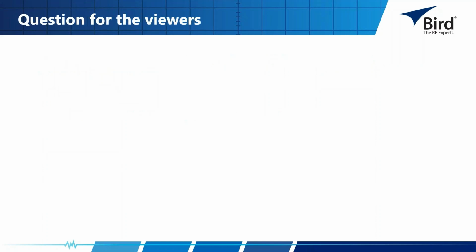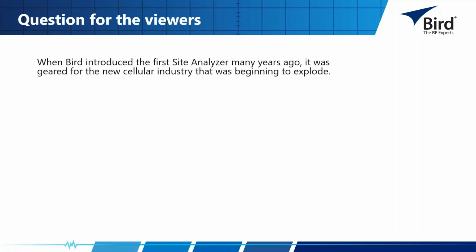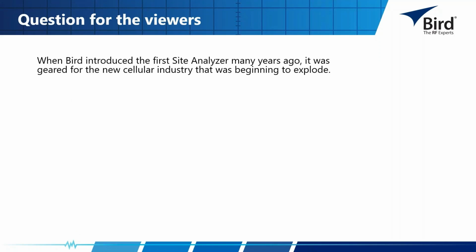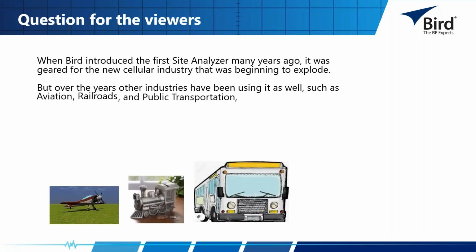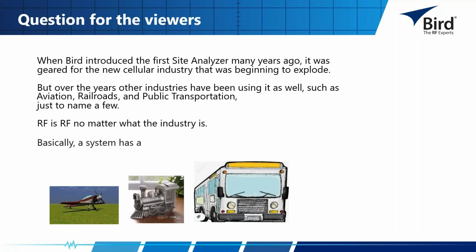And now I have a question for the viewers for this week. When Bird first introduced the site analyzer many years ago, it was geared for the new cellular industry that was beginning to explode. But over the years, other industries have been using it as well, such as aviation, railroads, and public transportation, just to name a few. RF is RF, no matter what the industry is.